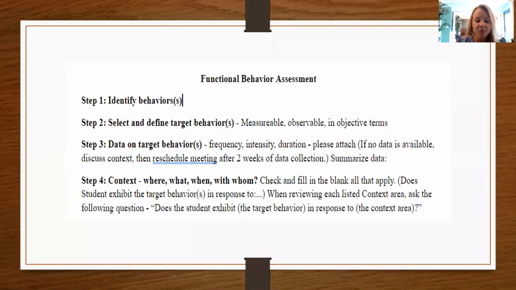So a functional behavior assessment is done when a child has significant behaviors that are affecting their learning. Typically, from what I have seen, it tends to be behaviors that are disruptive to the learning environment. So the child has acting out behaviors, yelling, constantly interrupting the teacher, just by calling out.